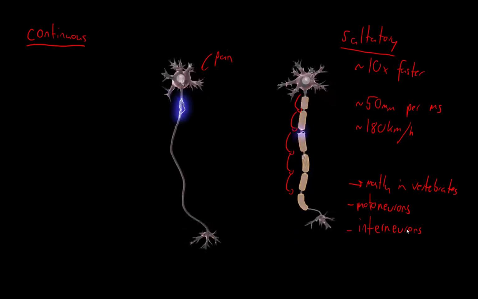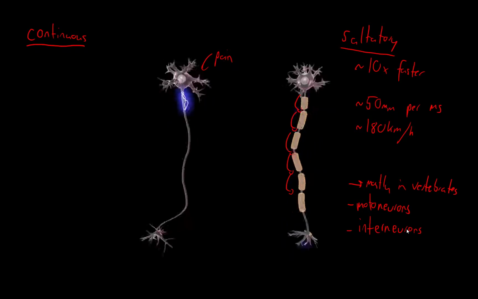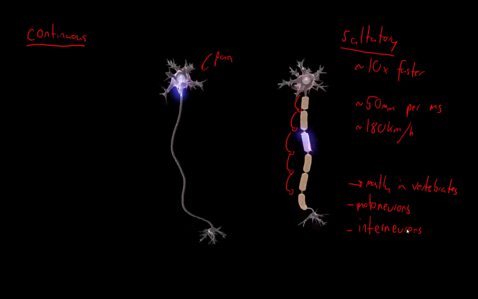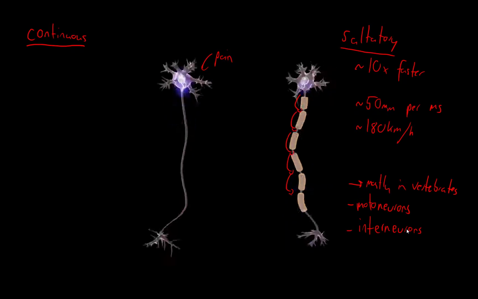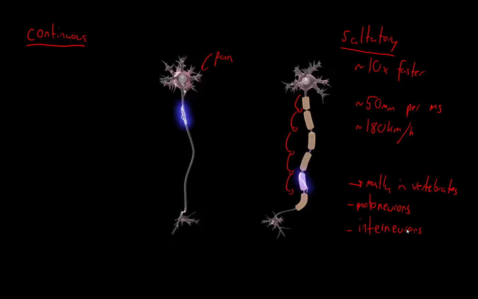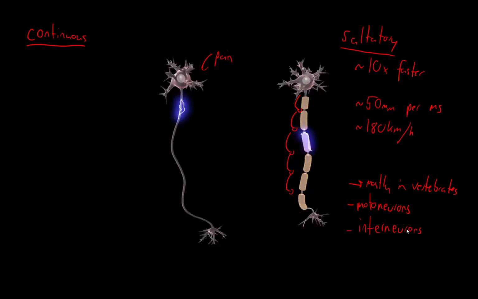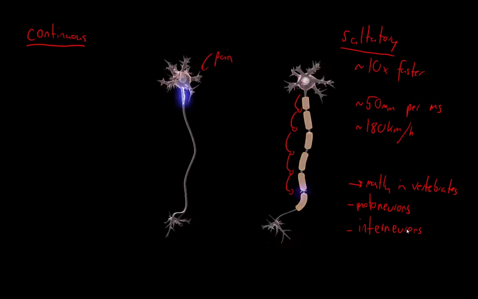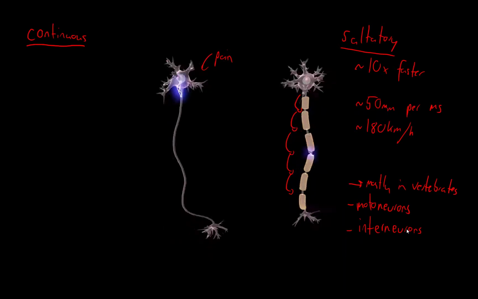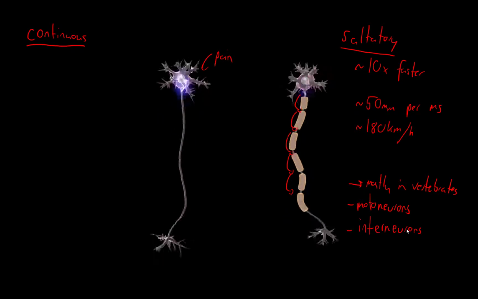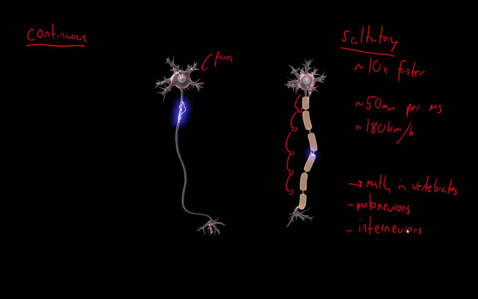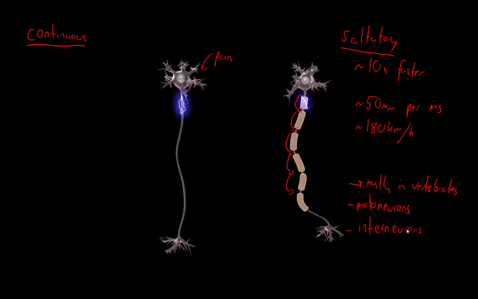So animals with a large complex brain like ourselves need as much speed as we can possibly get, even if this might cost a bit of extra energy, in order to operate our brains. And that is why saltatory transmission has evolved in those animals with complex brains, so it enables them to actually use them properly.